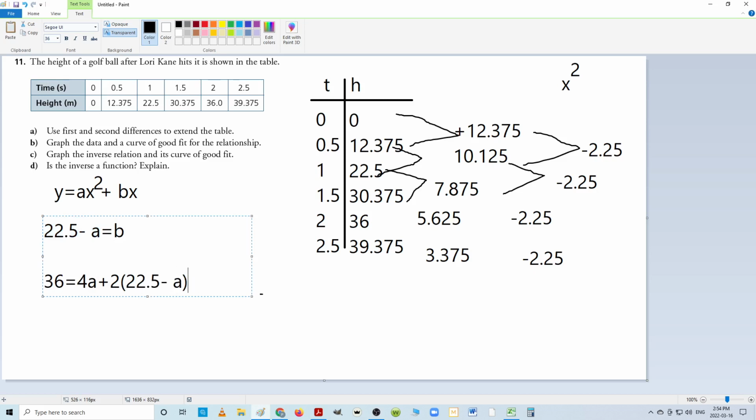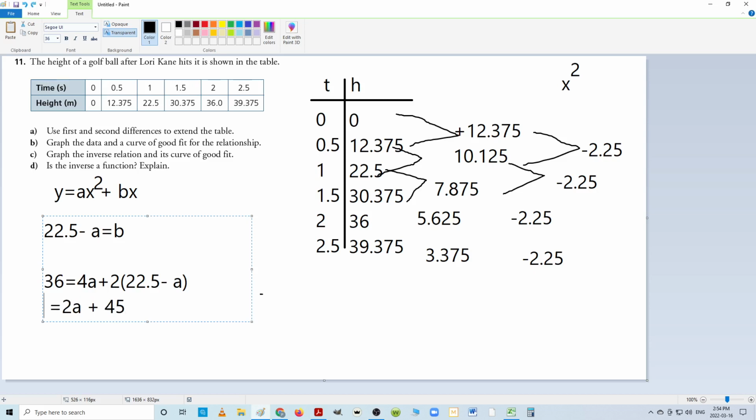So when I multiply that out, I get 36 is equal to 4a minus 2a plus 45. So that means 2a is equal to minus 9. Is that right? Is that 36?